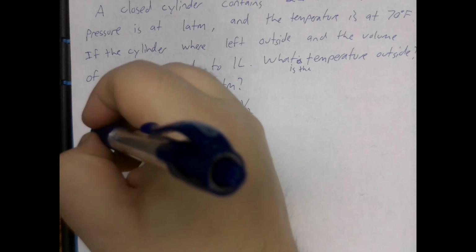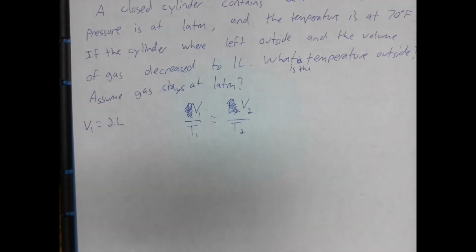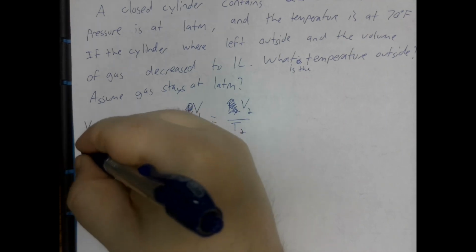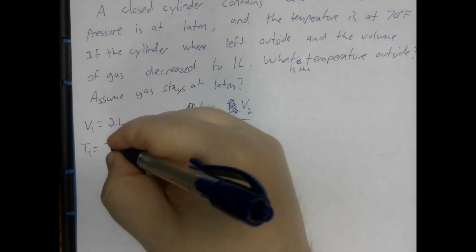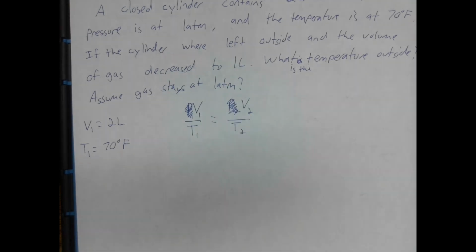So, our initial volume is 2 liters. Our initial temperature is 70 degrees Fahrenheit, but we need to convert that into Celsius, or to Kelvin.